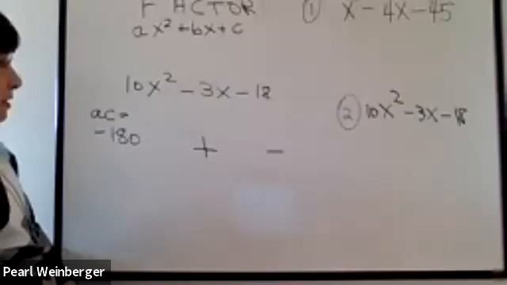Since the middle term is negative, I'm going to put the larger number, the 15, with a negative, which means I'll put the 12 with a positive. Again, if this would have been a plus, I would have picked the larger number with a plus. I put an x next to each of these, and this stays my 10x squared, and this stays my negative 18. And now I'm ready to do the grouping.